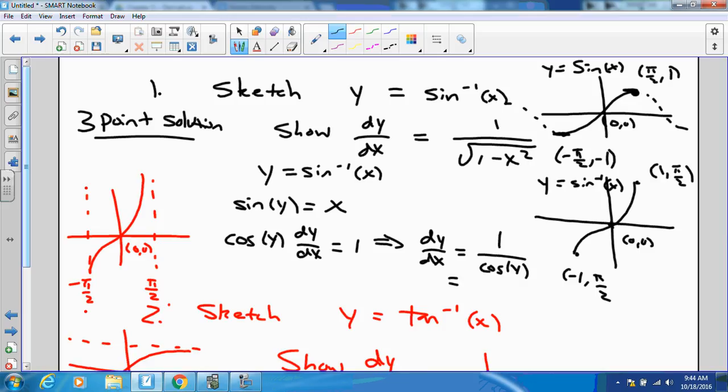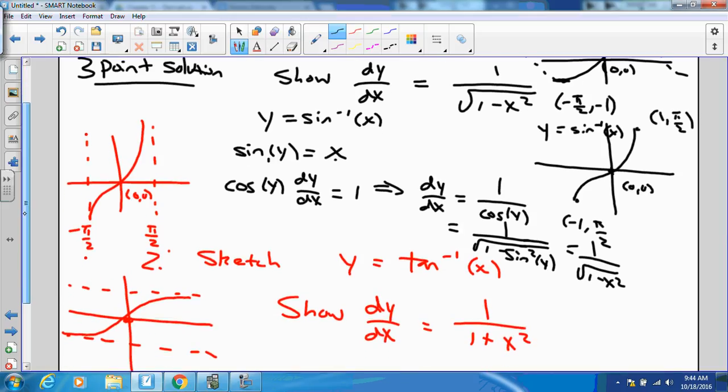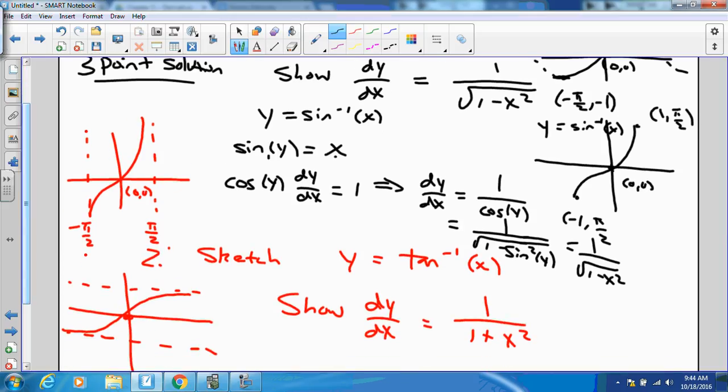And as we saw yesterday, we can use the Pythagorean theorem to rewrite cosine y as root 1 minus sine squared y. And the last key insight, sine y is x. Just like so. As far as that goes, if you have a good proof, 1 point. If you have a good graph, 1 point.